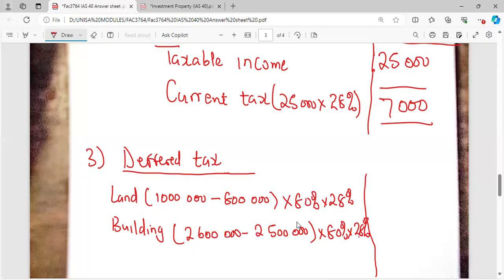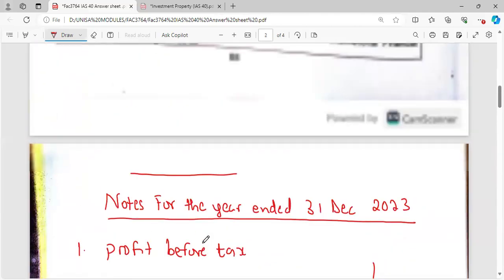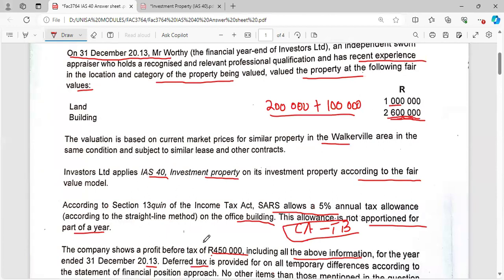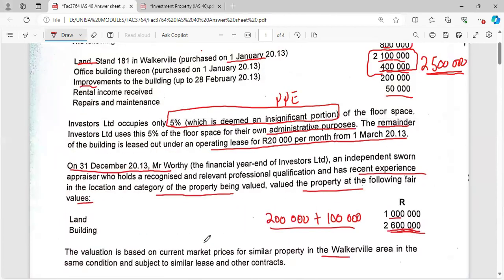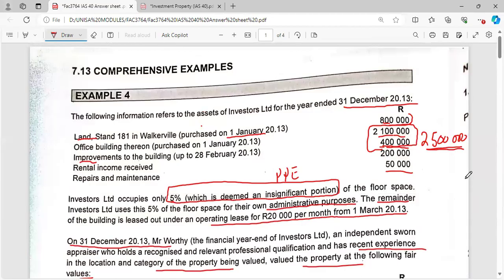But remember, on the building, we have a capital gain and recoupment. We also have a recoupment, which is going to be on the building. So which means the building is going to attract the capital gain and the recoupment. So when you are doing your recoupment, you look at the tax allowance that was deducted from the building, and then you look at the cost.